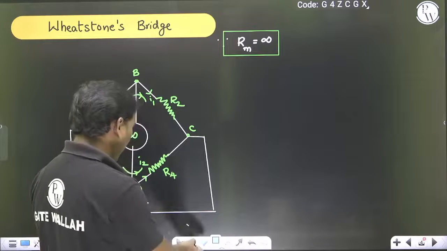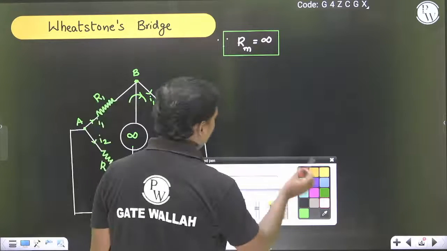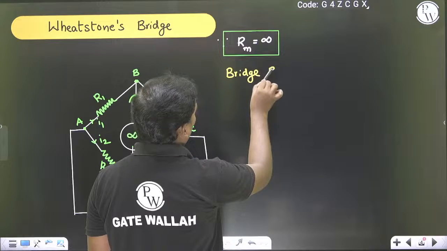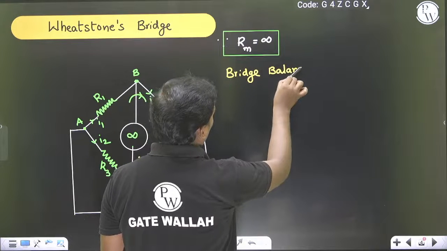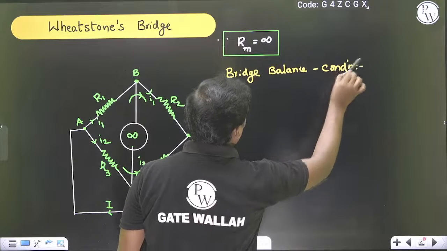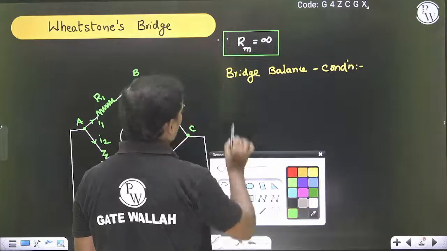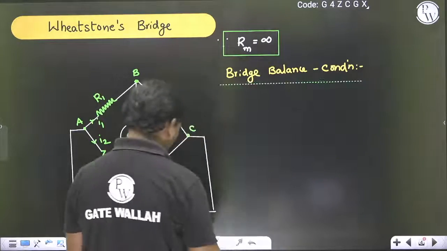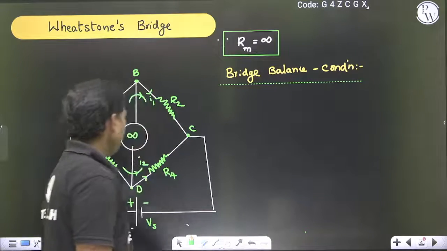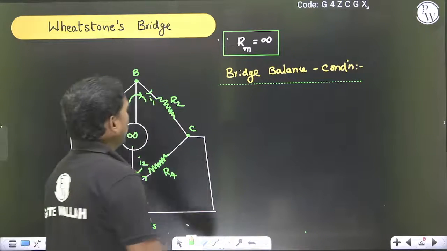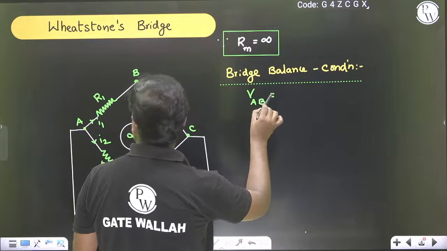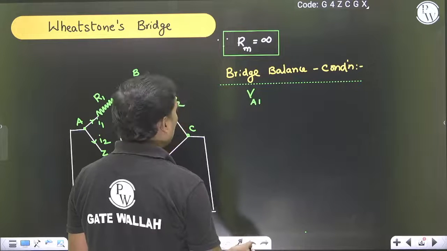So now if I am taking the bridge balance condition, so what was the bridge balance condition? Let us see here. So bridge balance means VB minus VD must be equal to 0.